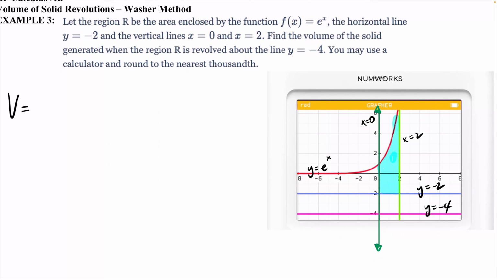And I'm revolving around y equals -4. So I'm revolving around the pink. So the pink and the shaded area, there's daylight in between them. So that's why it's a washer problem. It's not a disk like we did yesterday.